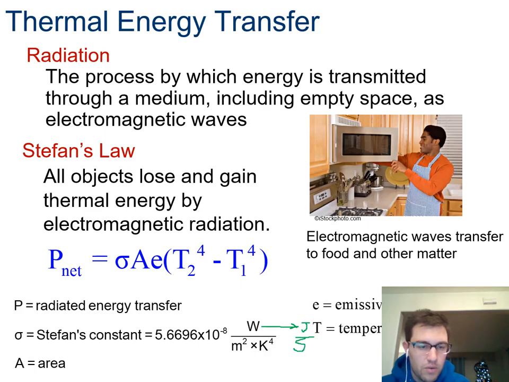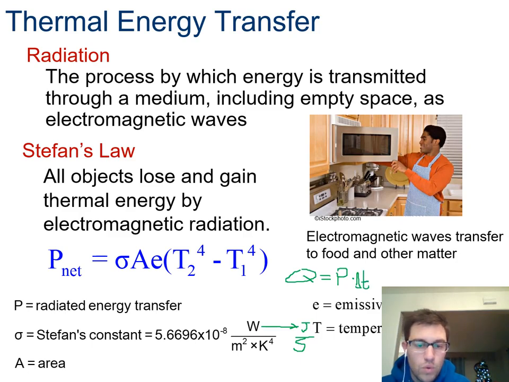Because this is a power equation, and often we're going to want to know the energy transfer Q. And Q is still power times change in time for us. Let me write that there so you see it. Okay. We're still going to need to find Q.